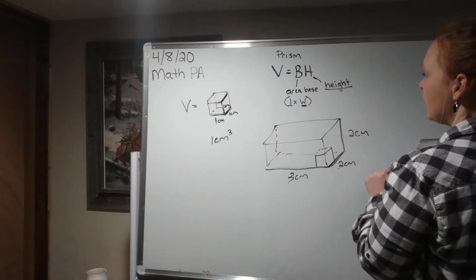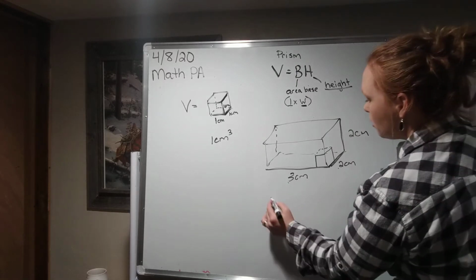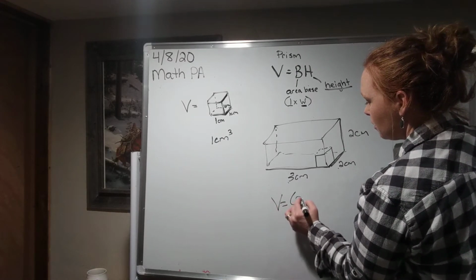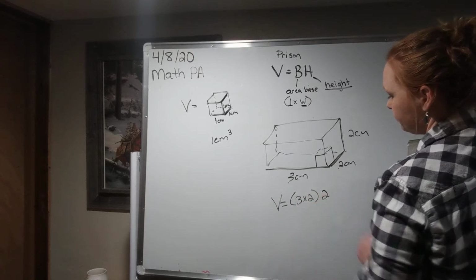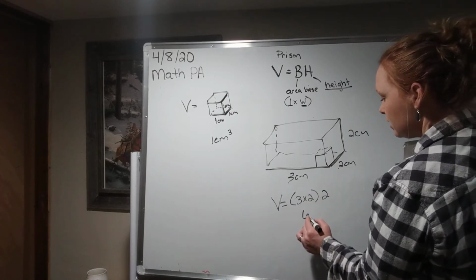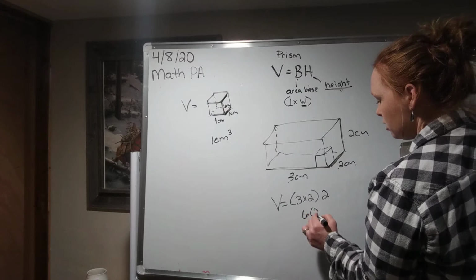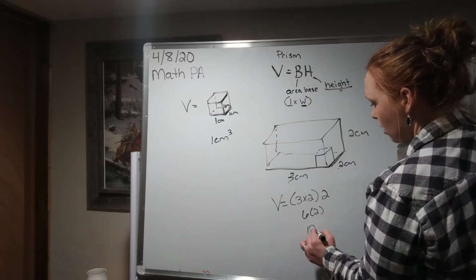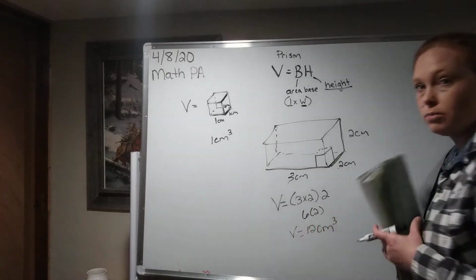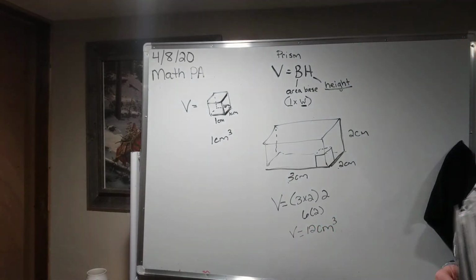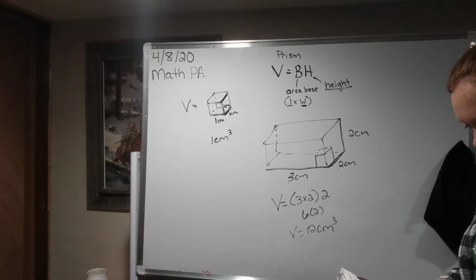And then I'm going to multiply it times the height, which is 2. So my formula would look something like this: 3 times 2 times 2. 3 times 2 is 6. Bring down my 2. 6 times 2 is 12. And because it's in centimeters, it would be centimeters cubed. This is really important that we use that centimeters cubed symbol.